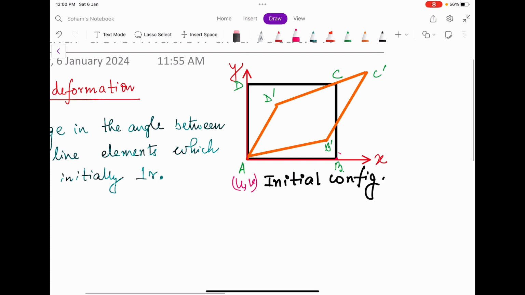At point b, this will be u plus del u del x into ab. So ab is del x.